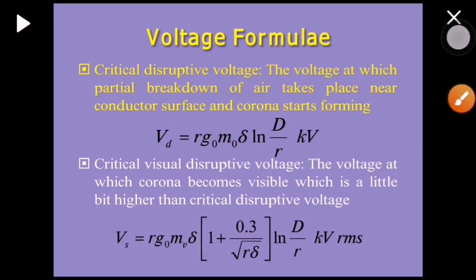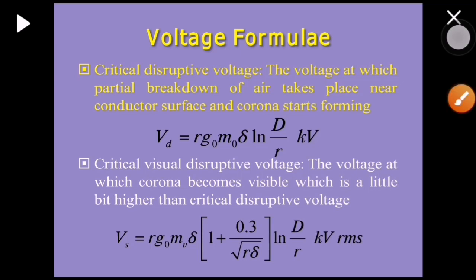One more thing to be recapitulated is breakdown strength of the air. Now this is the voltage at which 1 centimeter of the air becomes a conductor, that is the breakdown strength of the air, and that is found as 30 kV per centimeter. It means 1 centimeter of the air will break down when 30 kV AC voltage peak value is applied under 25 degree centigrade temperature and 76 centimeter height of mercury in the barometric pressure measurement.